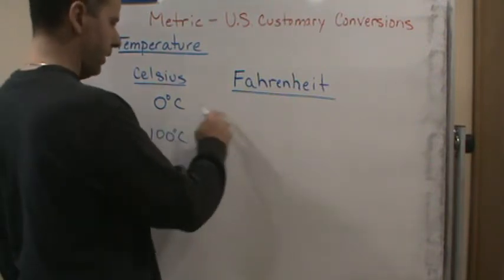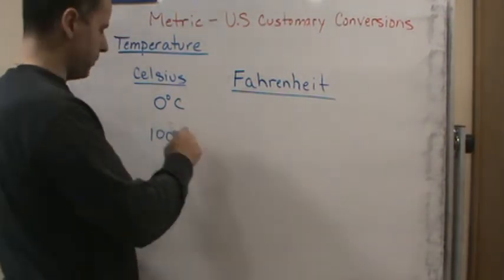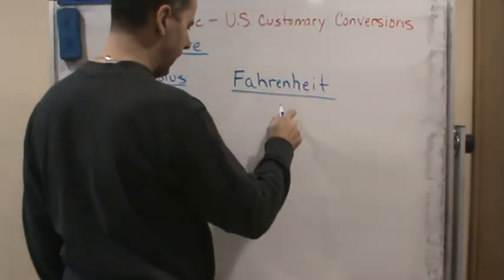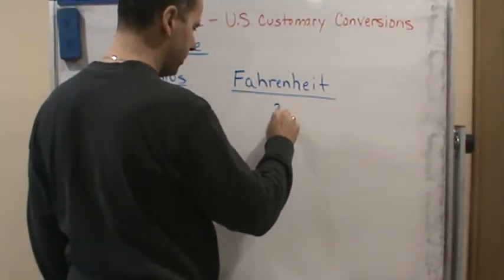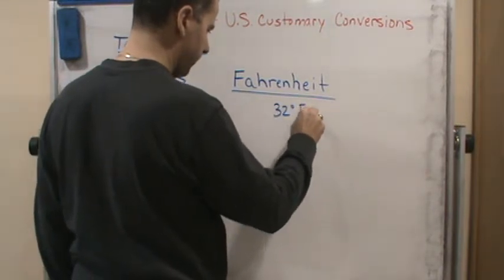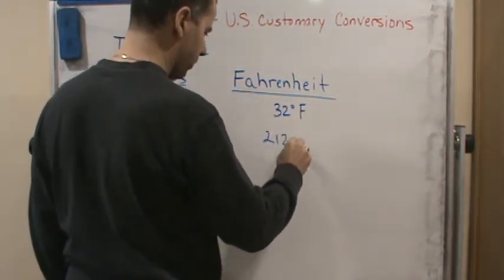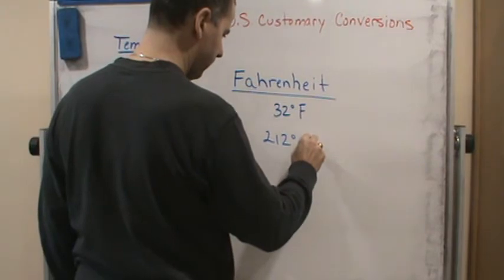Now for Fahrenheit, the corresponding temperatures for the freezing and boiling points are 32 degrees Fahrenheit and 212 degrees Fahrenheit.